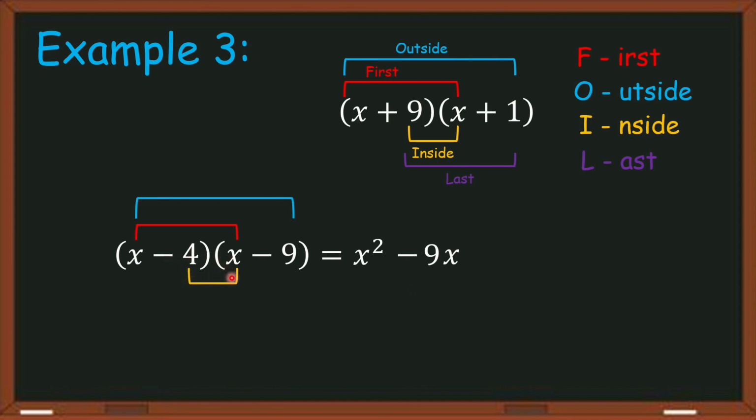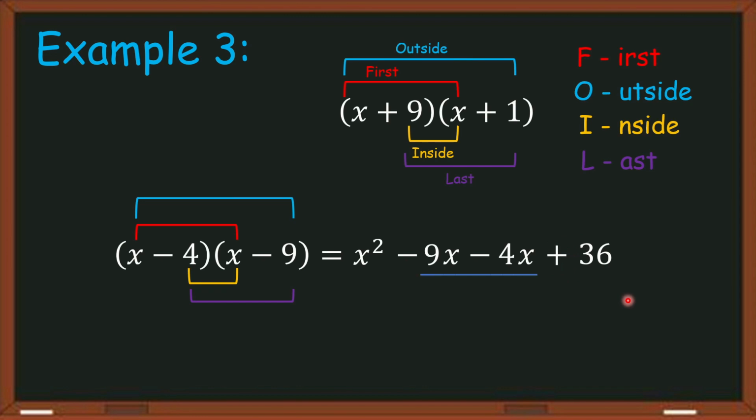So, negative 4 times x is equal to negative 4x. So, lagay lang natin dito, negative 4x. Then, multiply natin itong huling dalawa. So, negative 4 times negative 9. So, the answer is positive 36. So, nagmultiply tayo ng magkaparehas na sign, parehas na negative. Kaya, ang naging sagot natin ay naging positive.